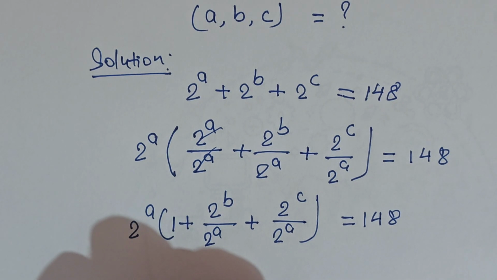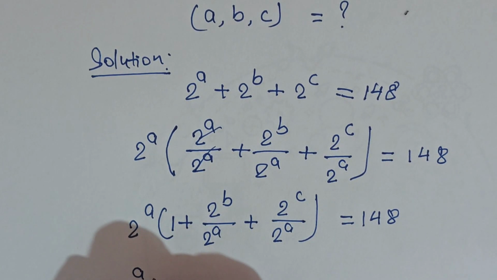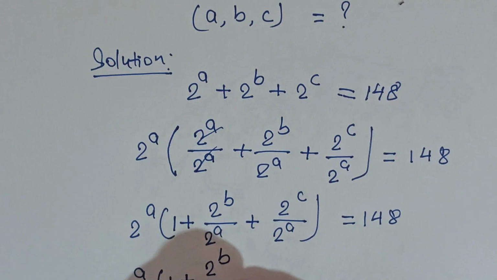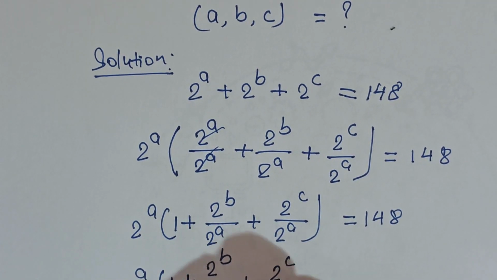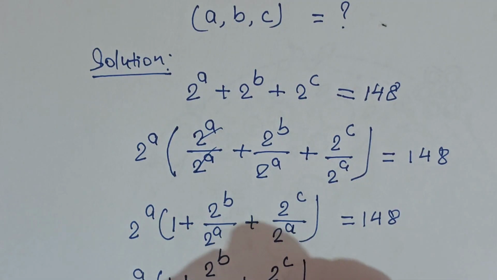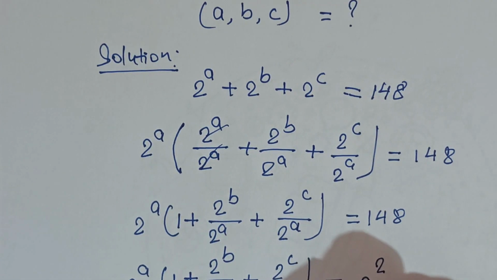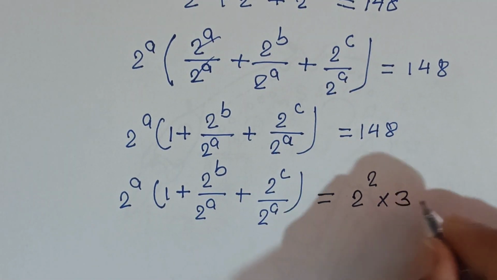Now 2 to the power a times (1 plus 2 to the power b over 2 to the power a plus 2 to the power c over 2 to the power a), we can write 148 as 4 into 37.